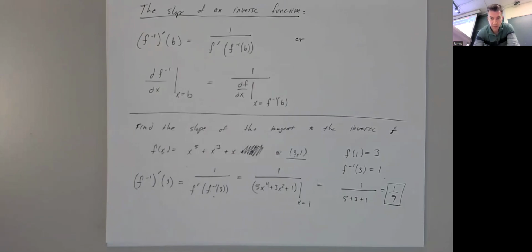Check it out. You can zoom in there. Yeah, that tangent line clearly has a slope of 9.